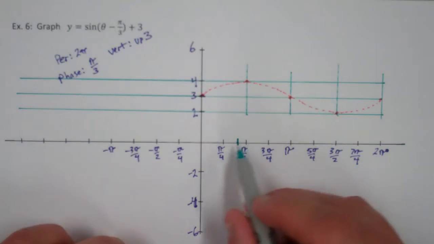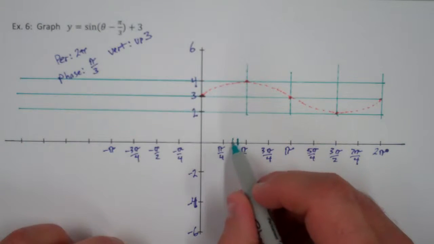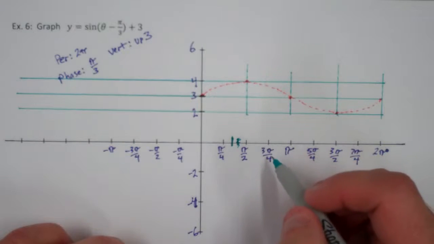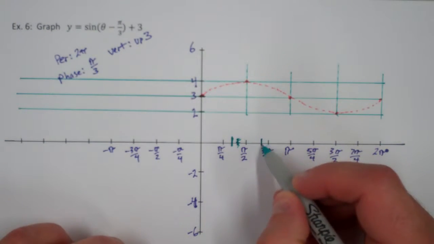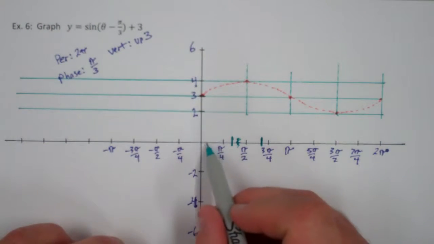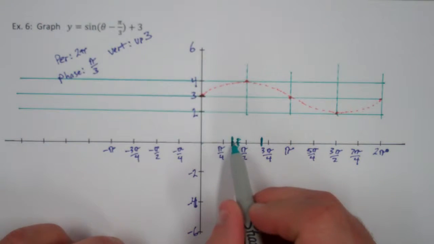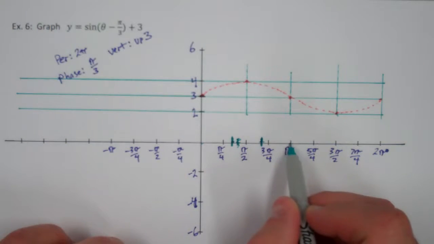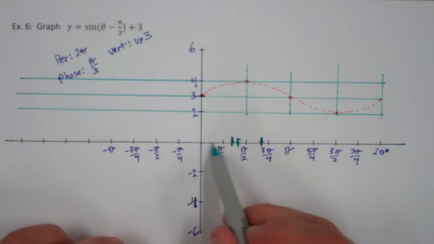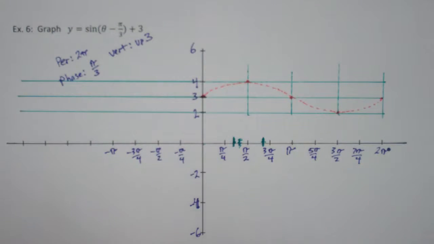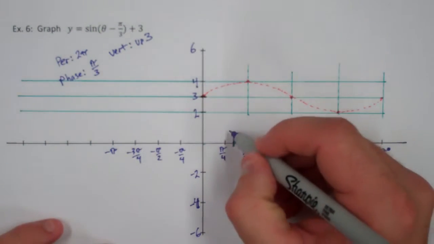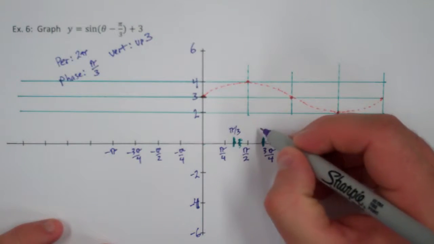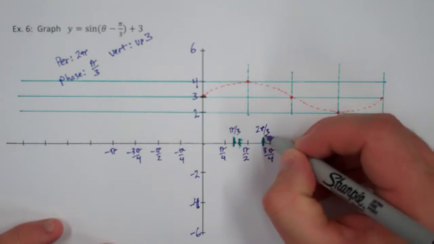Well, let's see, 1/3, yeah, maybe that should be a little bit closer over here. And then 2 pi over 3, 2/3 is less than 3/4. So that other one's going to be here, and you can see that this distance now is about the same, and it splits pi into thirds, so this distance is going to be pi over 3. And if we wanted to, we could put those values in here. So this is pi over 3, and this one's going to be 2 pi over 3.